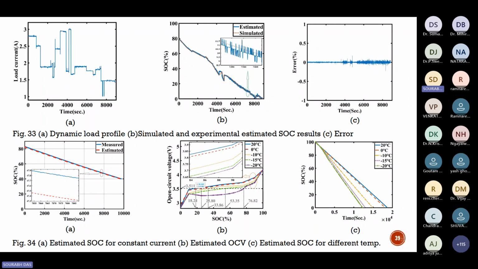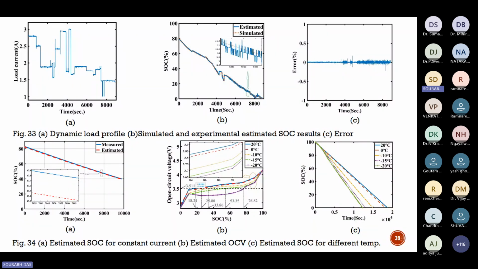If we decrease the temperature and come to negative temperature, then there is a huge difference in the open circuit voltage. Let us take 3.511 volt open circuit voltage.